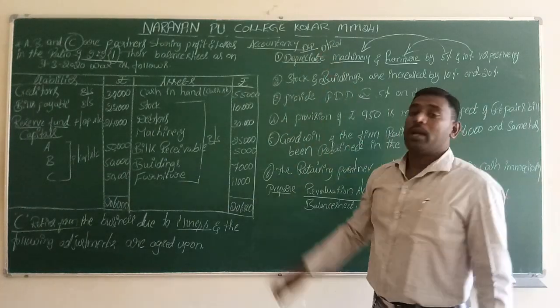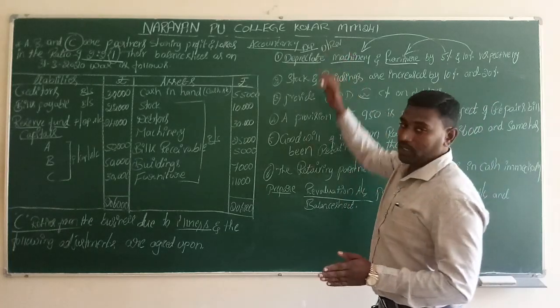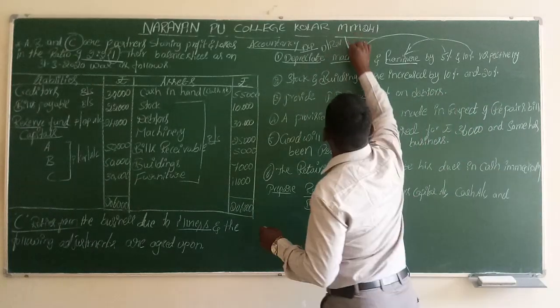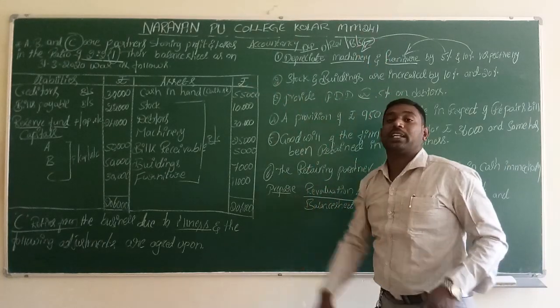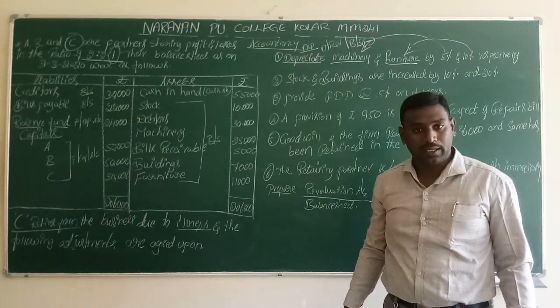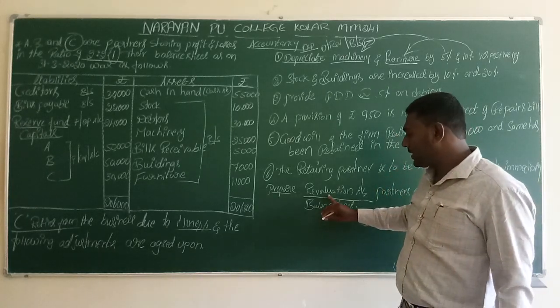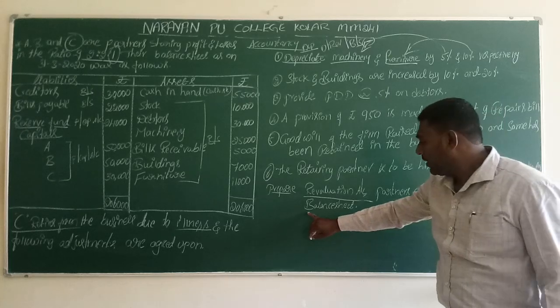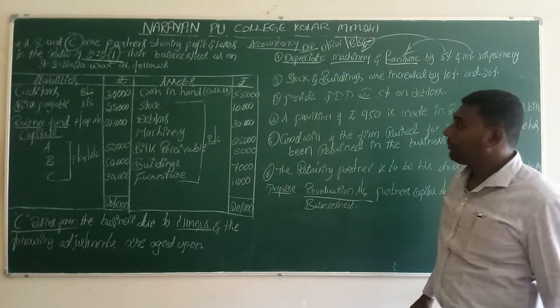First we write it on the debit side of the revaluation account, and the same thing we write in the balance sheet: we deduct the depreciated values calculated in the revaluation account from the new balance sheet. That is the first adjustment.